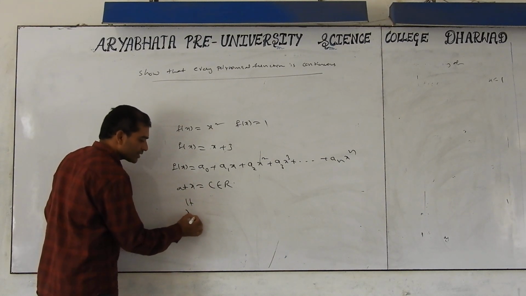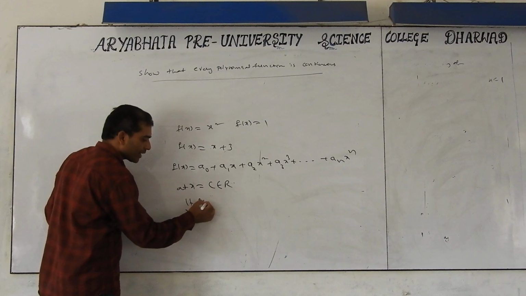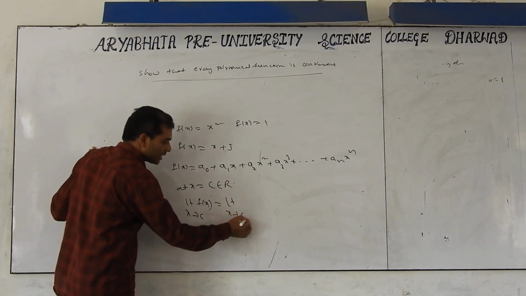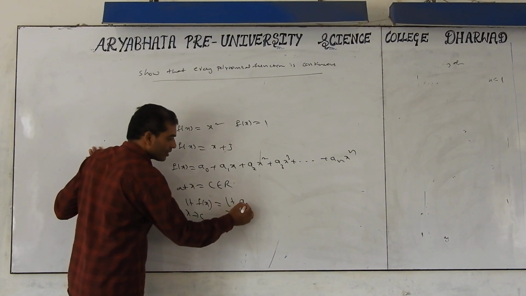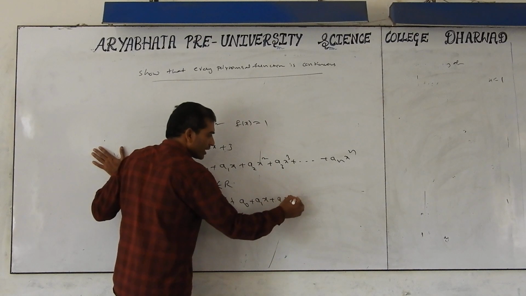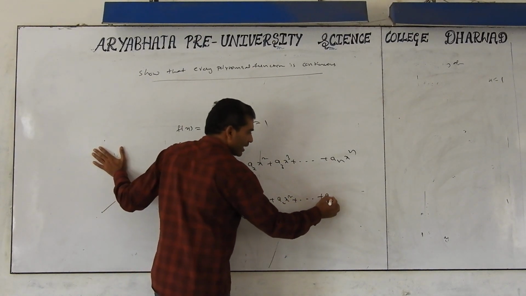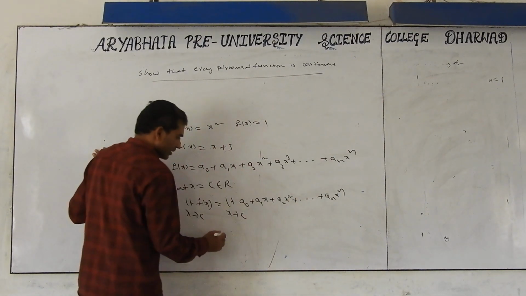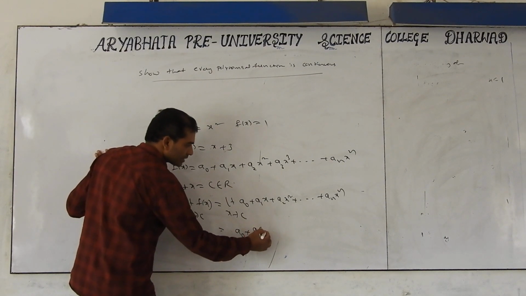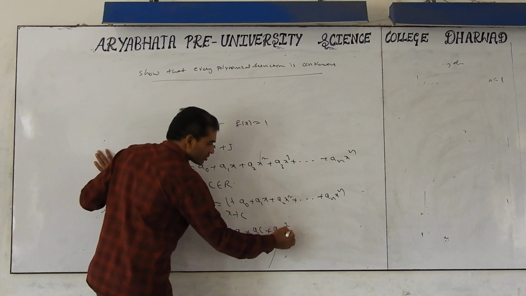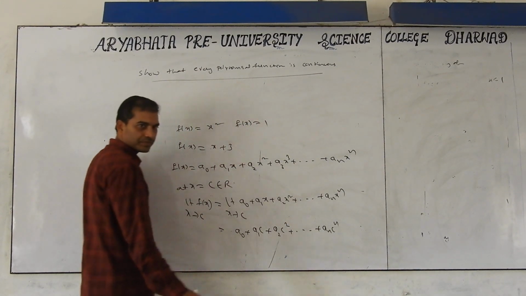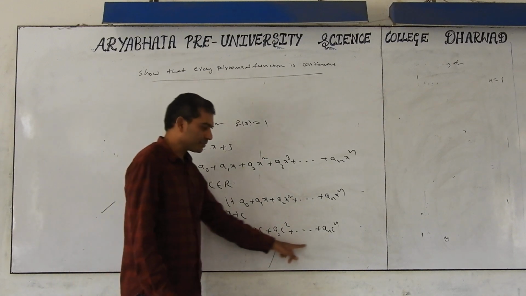Limit of x tends to c of f of x, which is a naught plus a1x plus a2x square plus so on, an x raised to n. Put x is equal to c here: a naught plus a1c plus a2c square plus so on, an c raised to n. So this is the limit value.